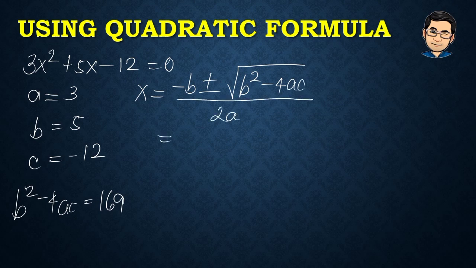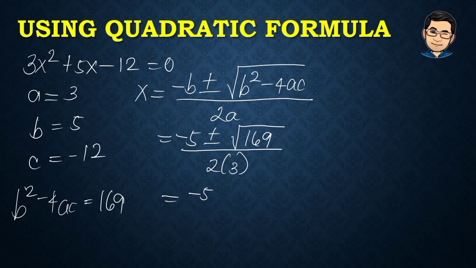Negative b, so negative 5, positive negative, the square root of 169 all over 2 times a, that is 3, negative 5 plus minus the square root of 169, that is 13, all over 2 times 3, 6.